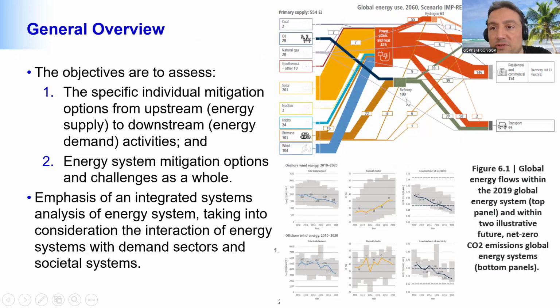And for the residential and commercial and transport sectors, especially for the transport sector, we have a large biomass input. We have a hydro input to electricity. The fossil input is very minimal at the moment, just to provide some flexibility in the energy system.